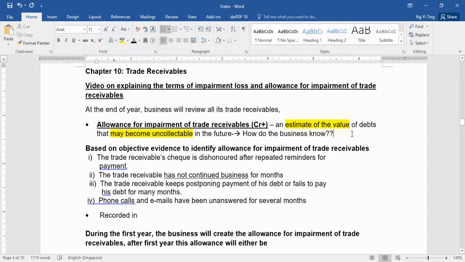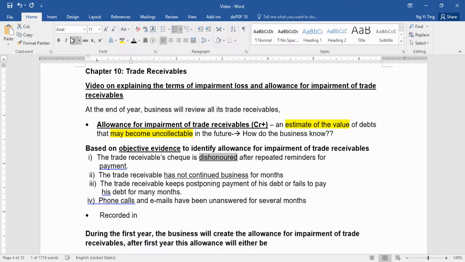But how does a business know that they are not able to pay us? So it's based on objective evidence to identify the allowance for impairment of trade receivable. So these are some evidence. Number one, trade receivable's cheque is dishonoured after repeated reminders for payment.